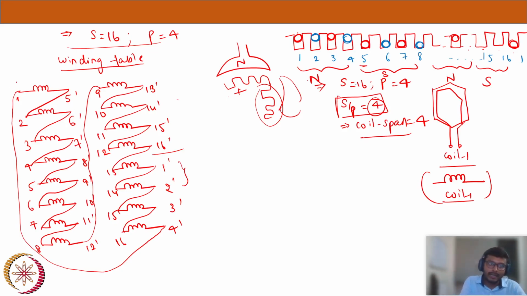Let's say in my coil 1 the voltage induced has this polarity, plus minus. The first 4 coils are under the north pole, so the next coils will have the same polarity, plus minus. Coming to 5 to 8, these coils will be under the south pole, so the EMF induced will be reversed, minus plus.